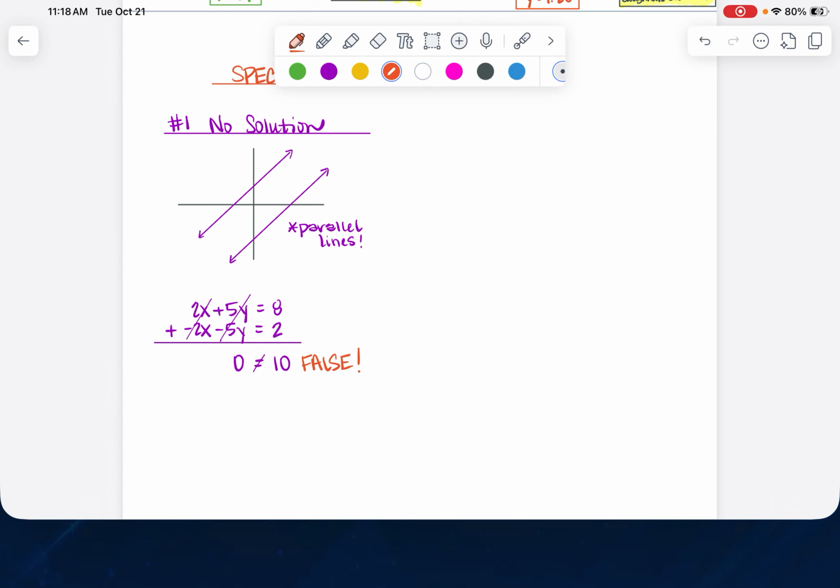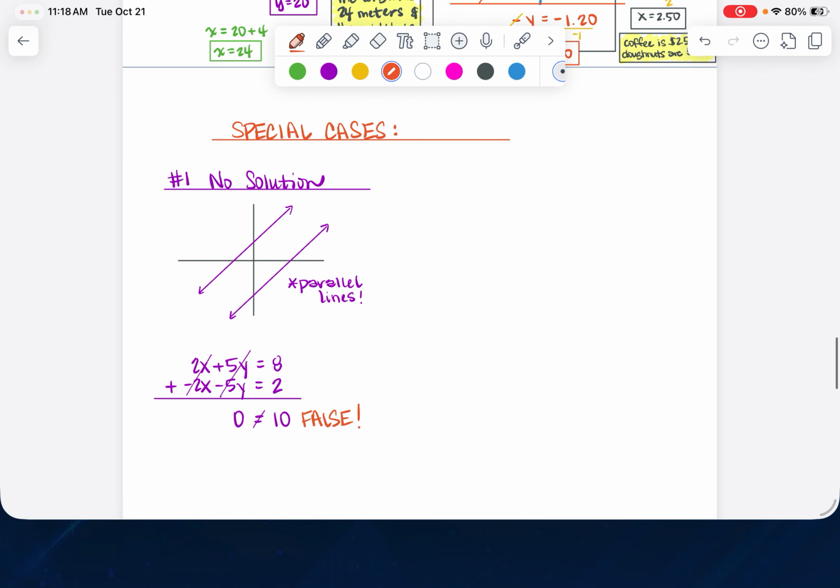So when all your variables cancel, the x's and y's completely disappear, and you're left with a false statement like 0 equals 10, that's not true, then that is what no solution looks like when you're using the substitution or elimination method. Okay? All right, then quickly I want to talk about number 2. The second type of special case is infinite solutions.